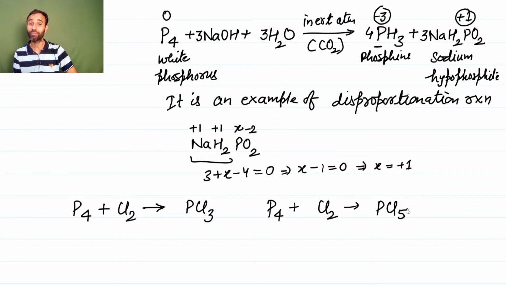Because of angle strain, white phosphorus, whose normal angle should be 109 degree 28 minute, has a bond angle of only 60 degree. So due to angle strain, it is highly reactive. So just balance it.